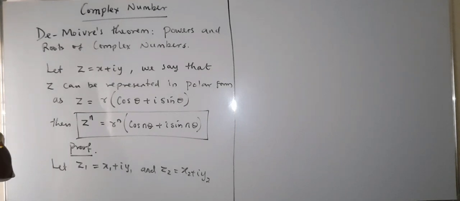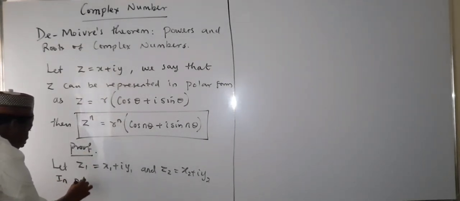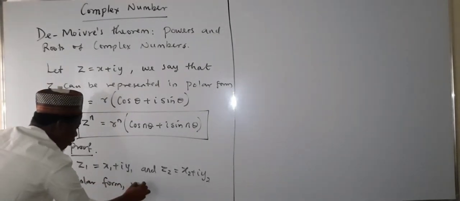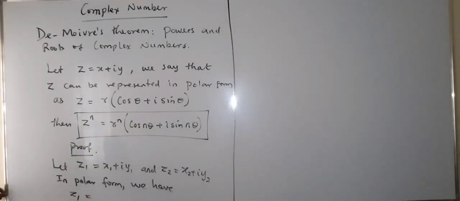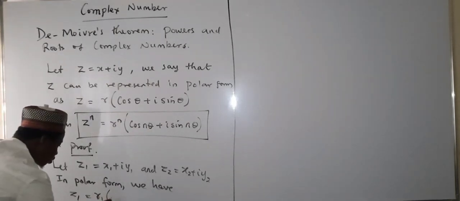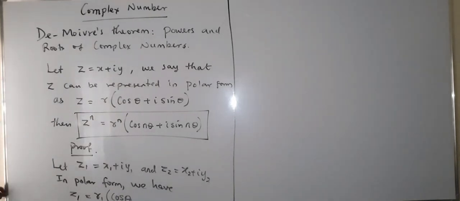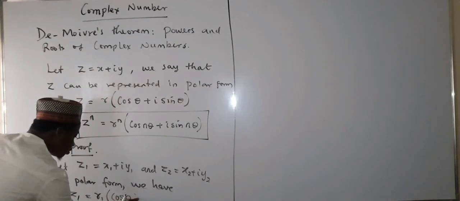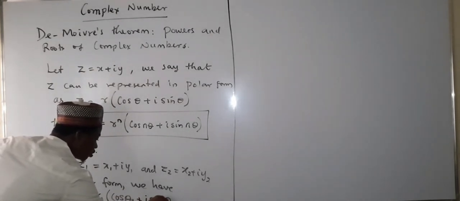So now in polar form, we have z1 to be equal to r1, open bracket cos theta 1 plus i sin theta 1.